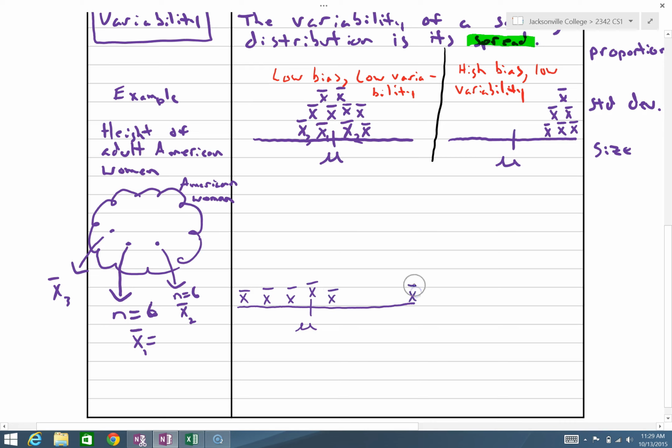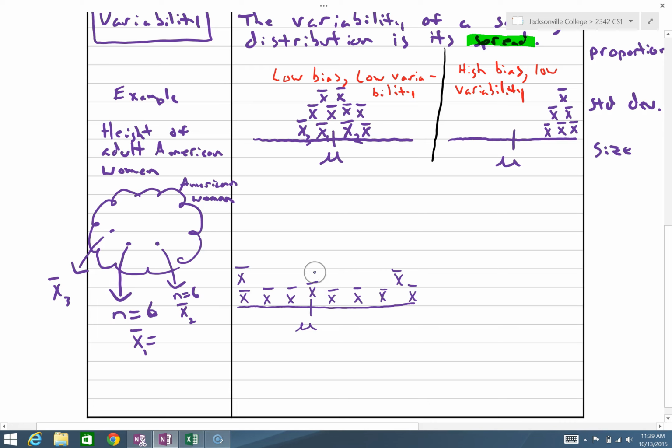Maybe we had another one over here and one here. Okay, and here you can see they're spread all over the place, but they're centered about where they need to be. Maybe there's another one here and another one over here. So this situation is spread a great deal, but it's centered properly.